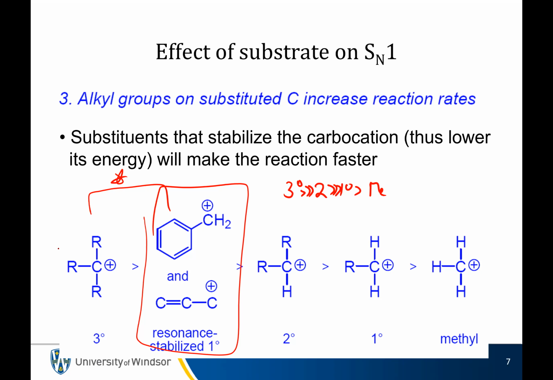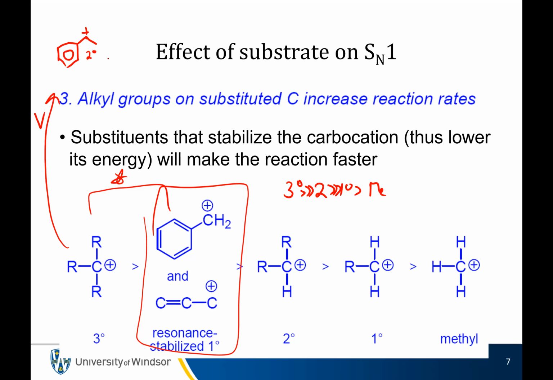What I mean by that is, let's consider this molecule, which looks really close to this guy. But because this is a secondary carbon, this is more stable because of that secondary carbon.